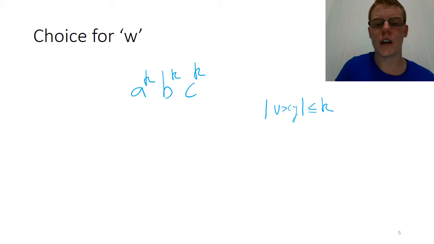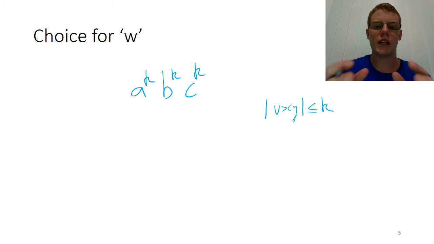Now, if you remember from the pumping theorem for regular languages, it was always good to choose our string just big enough that our xy part in that case was always in the start bit, which made our pumping very easy.